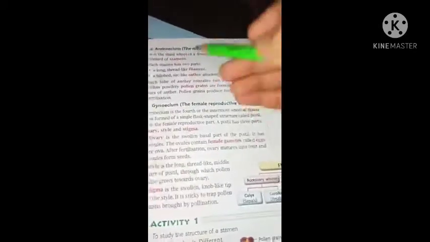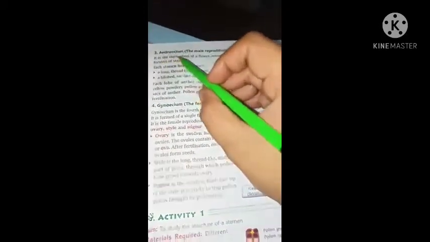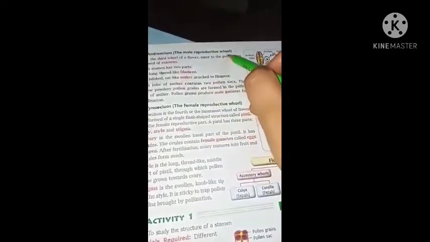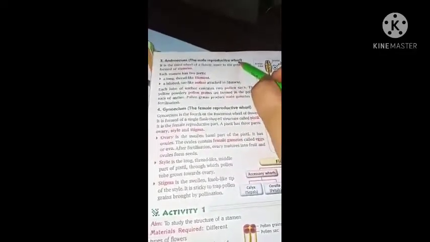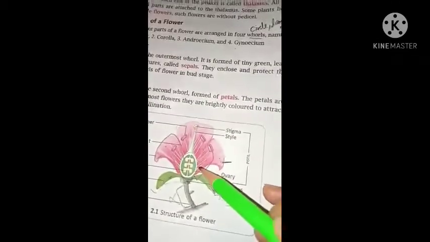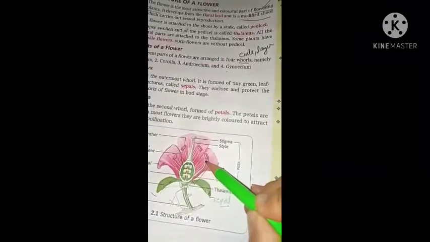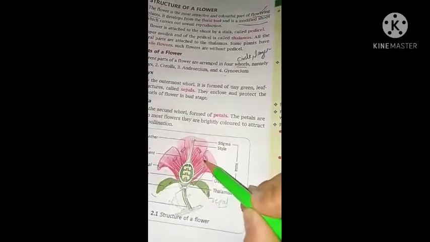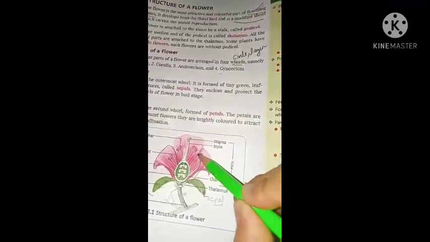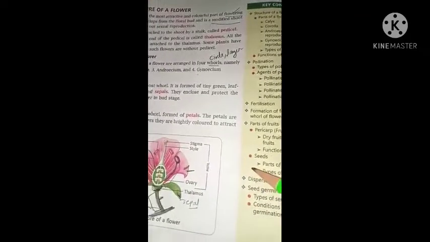Okay children, after that comes the third part, that is called the male reproductive part. You can see in this flower, this one part is called the male reproductive part.